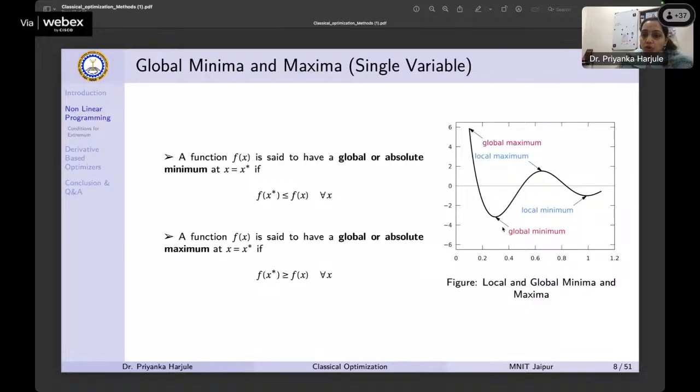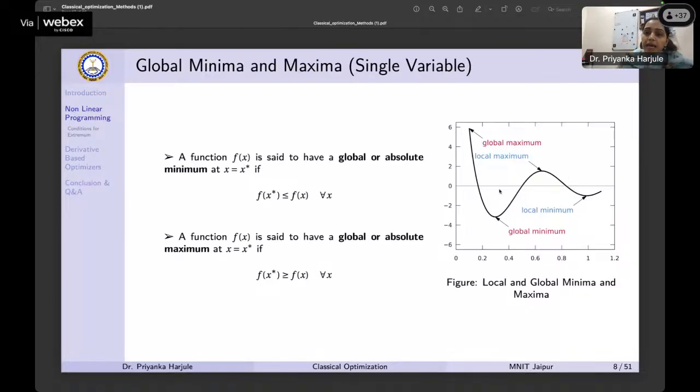This graph also has a local minimum and a local maximum. You can see why this is a local minimum: because the function's value at this point is less than or equal to these points only, that is, the points in its neighborhood only.